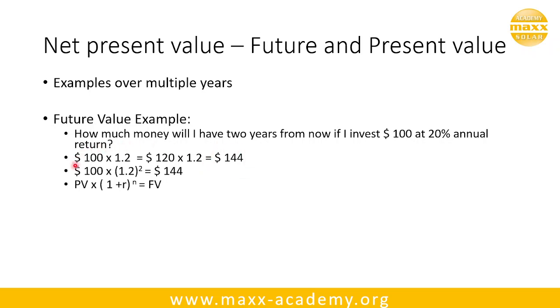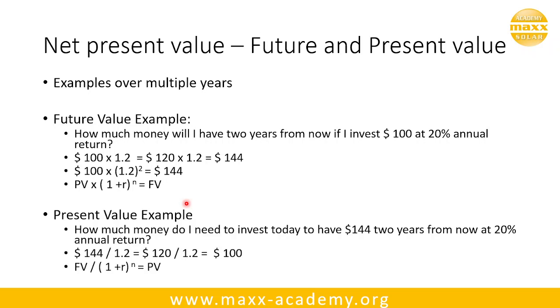Expressed more simply, $100 times 1.2 to the power of the number of years equals 144. To put that in a formula, we say present value times 1 plus your annual return to the power of the number of years equals your future value.